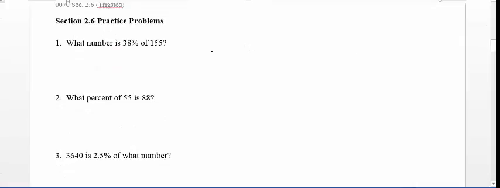So let's look at our problems. The first problems involve percentage, which percentage equation is the percent times the base, which always equals the amount. So in the first problem I have the percentage, which is 38%. I convert that to a decimal, and then I multiply that by the word that follows of.